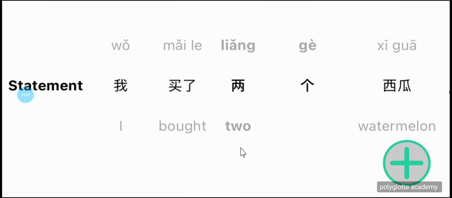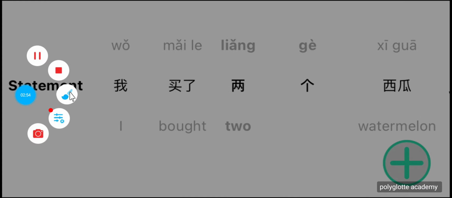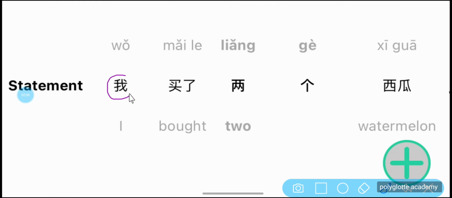Now the statement will be, let's activate our pen, 我买了, I bought. This is the word for I. 我买了两个西瓜. 非常好.